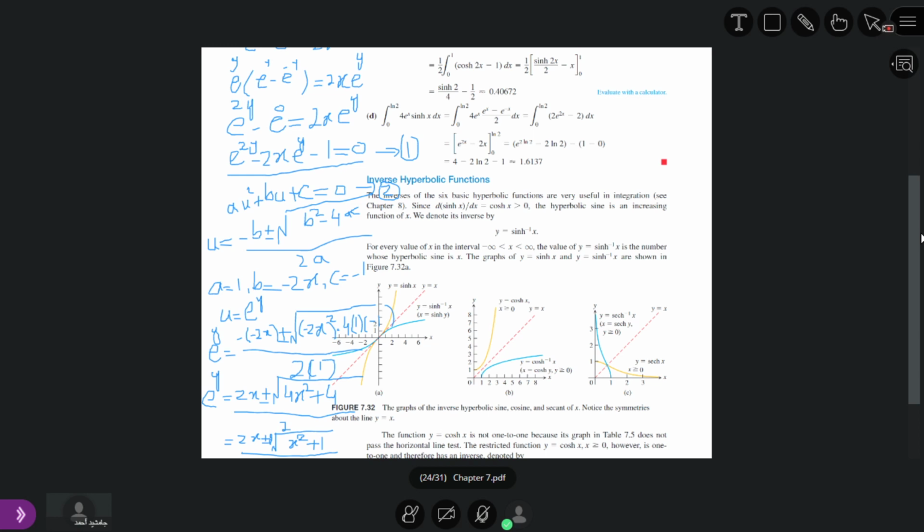So here if we have equality, it means e power y is equal to x plus minus square root of x square plus 1. Both will be equal if we put any value, so the left side should be equal to the right side. First we observe what is e power y. e is equal to 2.71. It is a positive number.